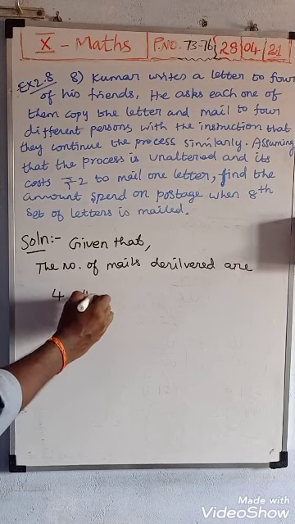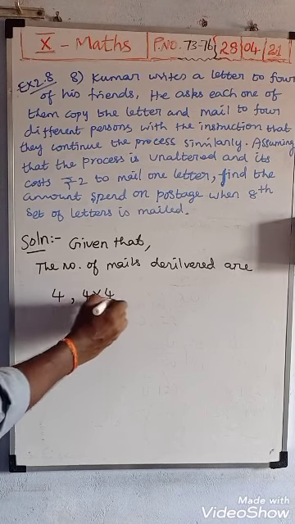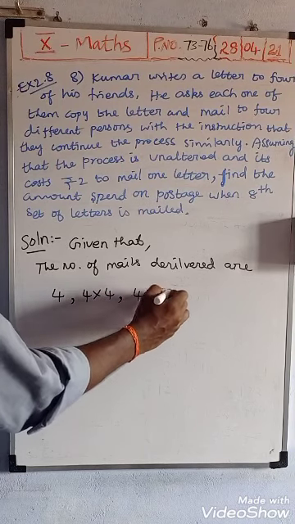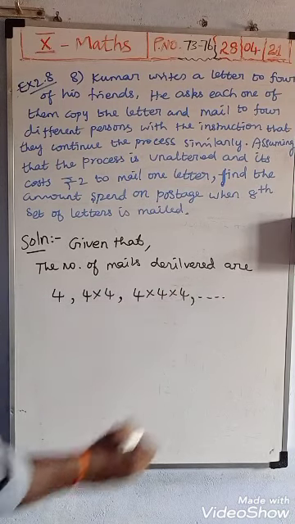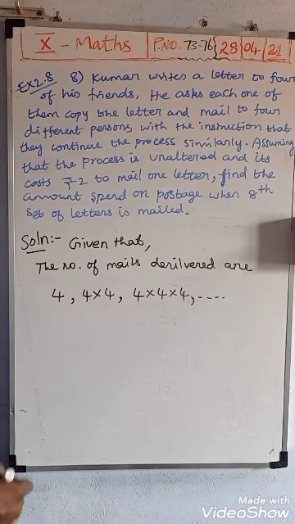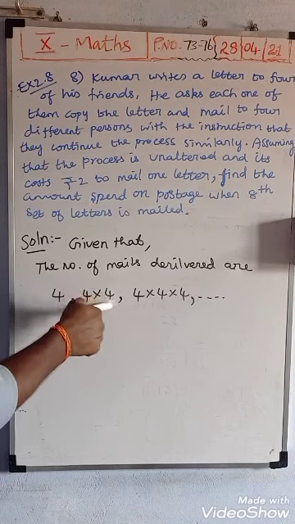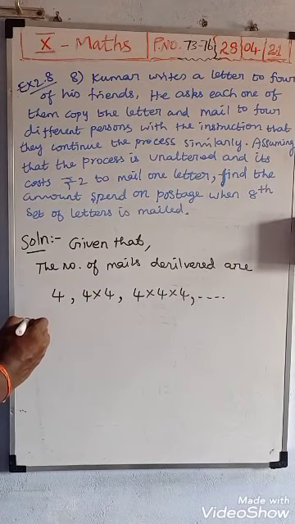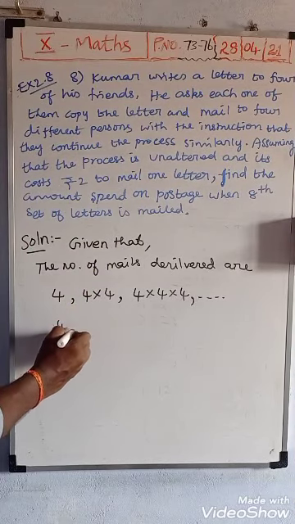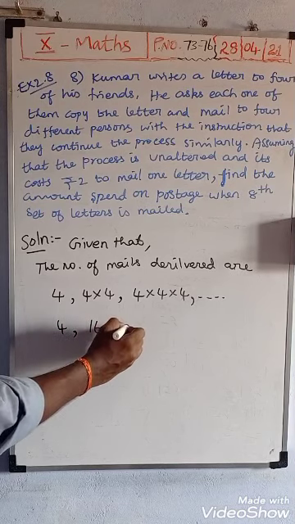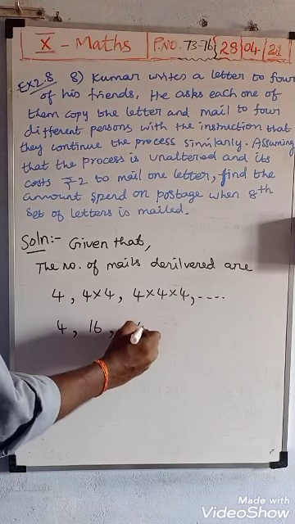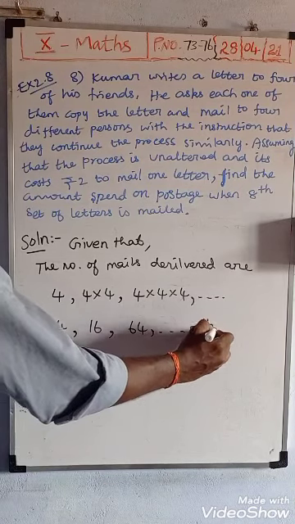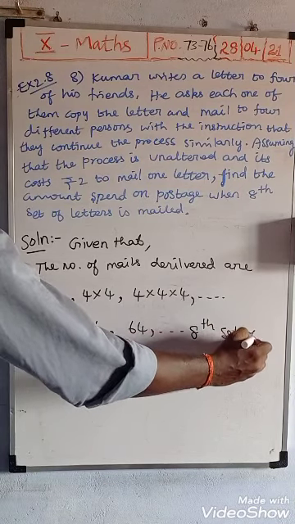These four persons want to send to four different persons each. Like that it will go on. So first four, next four into four, next four into four into four. We can write it as 4, 16, then 16 times 4 is 64, and so on up to the eighth set of letters.